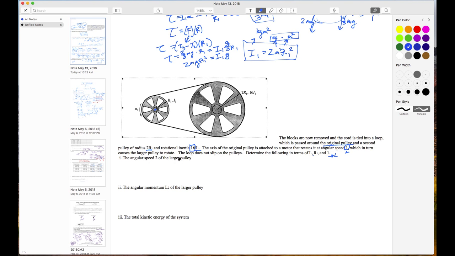Well, the angular speed is an interesting thing, because if this were continuing that way at some speed, some velocity, and this cord is not being stretched or shrunk or anything like that, then the velocity of the cord has to be the velocity of the cord.